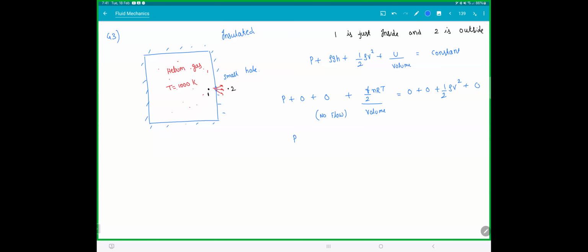Cross multiply: this will be P into volume plus F by 2 nRT, equal to half into rho into volume into V square. PV is nothing but nRT, so this becomes nRT times 1 plus F by 2. Density into volume becomes mass.